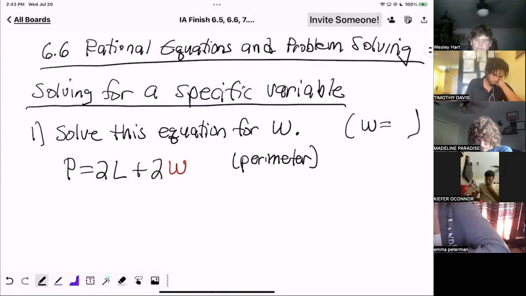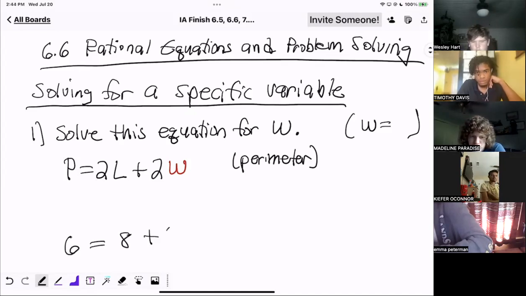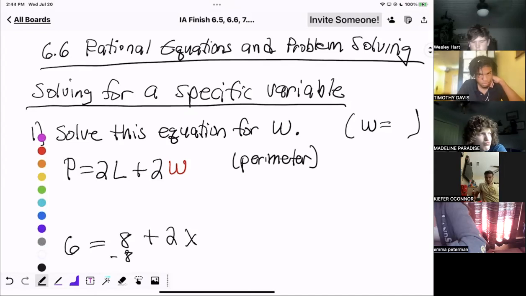Why these are a little bit tougher: we have numbers in this one, but a lot of them don't even have numbers. There are a lot of different variables. So you just have to remember what you would do if they were numbers. Just like an equation, let's say I had 6 equals 8 plus 2x, right? What would I do first? I would subtract 8, correct? Same thing here, except it's not an 8, it's 2L.